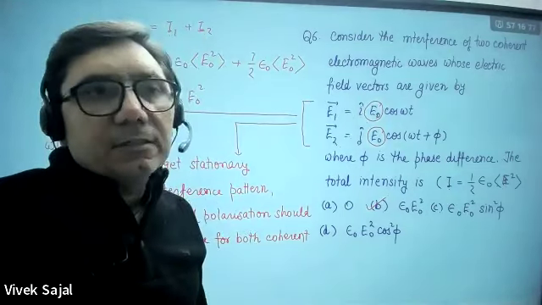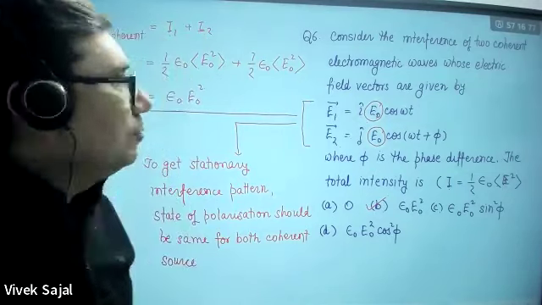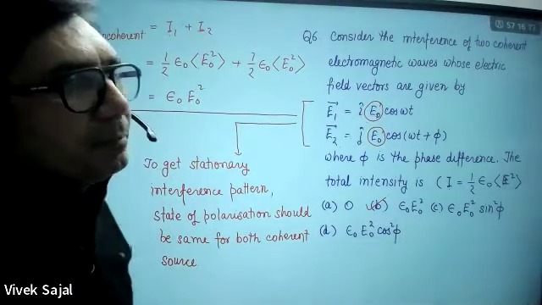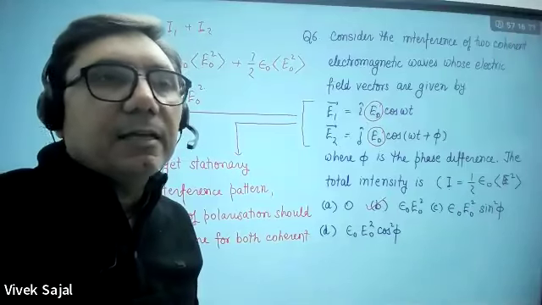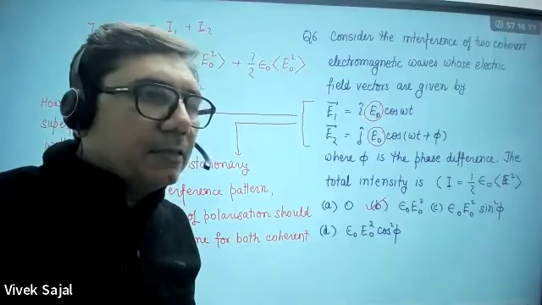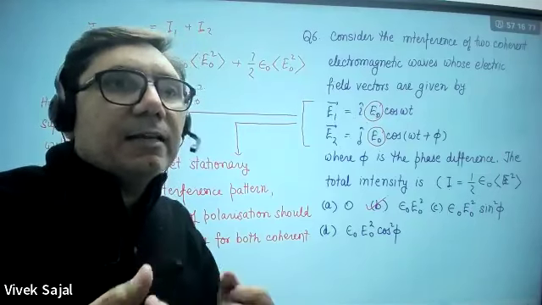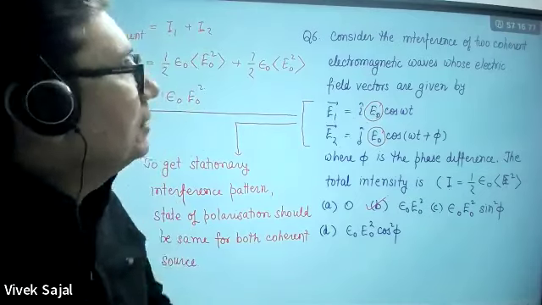But due to this overlapping or superposition, you are not going to get the maxima and minima here. That's why I'm saying that they are not forming an interference pattern, so they are behaving like incoherent sources.